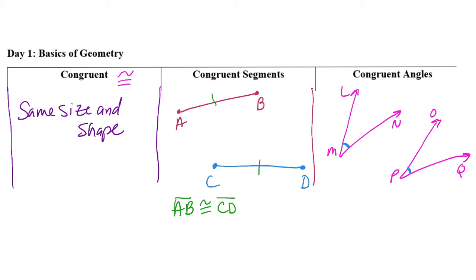That's what you have down here in the corners. And then to write that they are congruent, you would write angle LMN is congruent to angle OPQ. That little symbol in front is an angle sign. So hopefully these make sense. Pause the video and get all this written down. Ask questions if you have them.